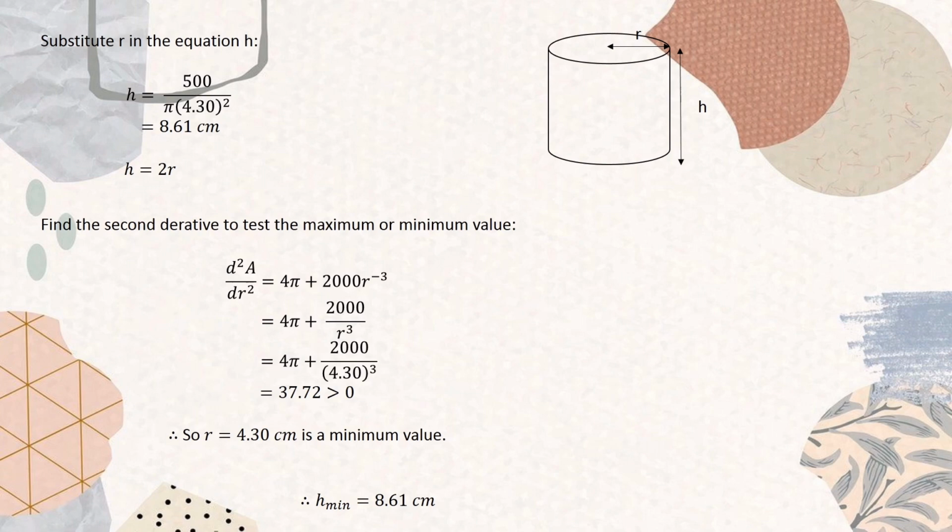So here, we know that r equals 4.30 cm is a minimum value. The value of h that we calculated just now is a minimum value as well. Finally, we get the minimum dimensions that the manufacturer needs, which is height equals 8.61 cm and radius equals 4.3 cm.